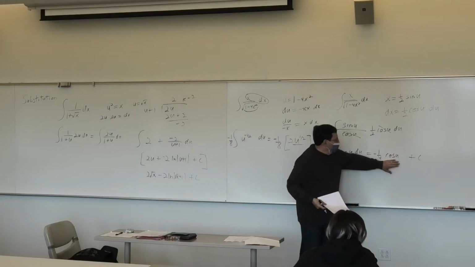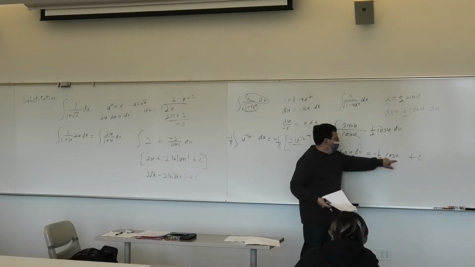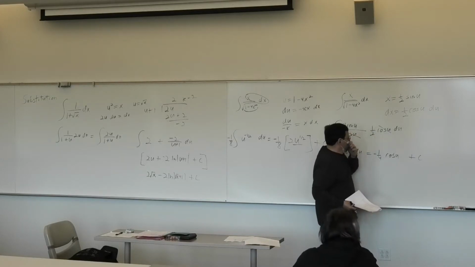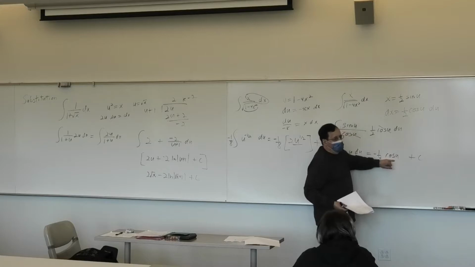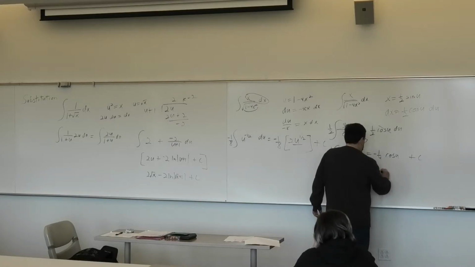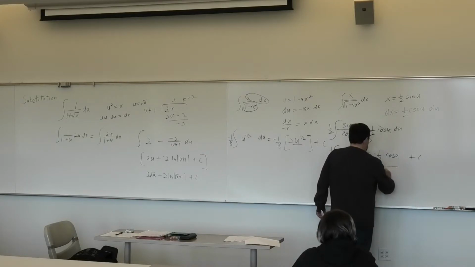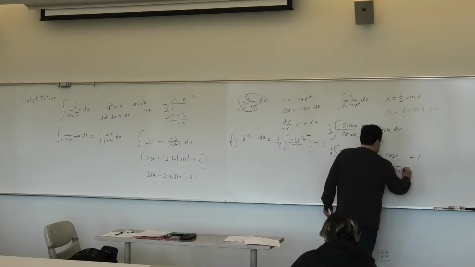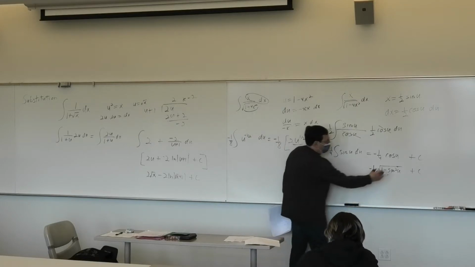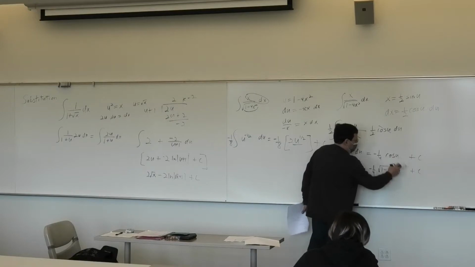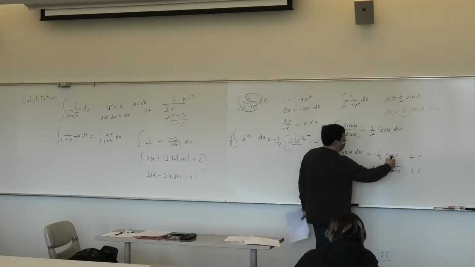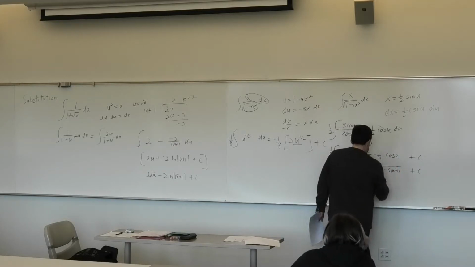Now we have a little more of a challenge here. How are we going to get rid of the u? Because this is our substitution. Well, we want this cosine u to look like sine. How do we do that? 1/4 square root of 1 minus sine squared u. That's pretty obvious. Again, I'm just using the Pythagorean identity here. And we get negative 1/4.